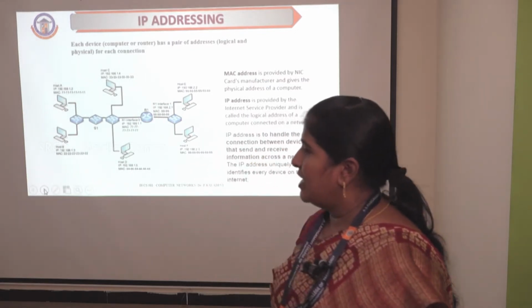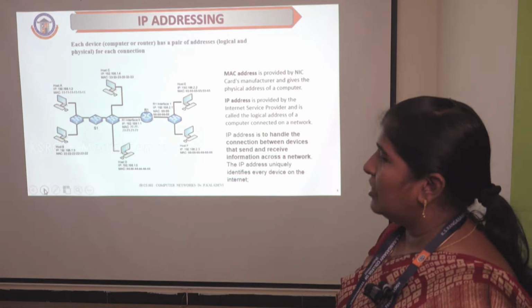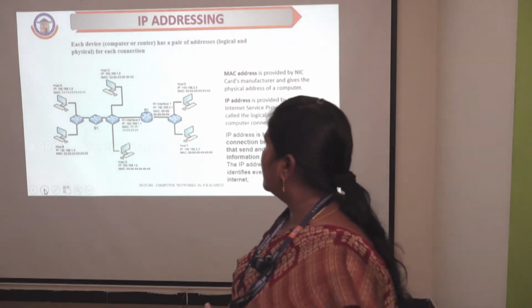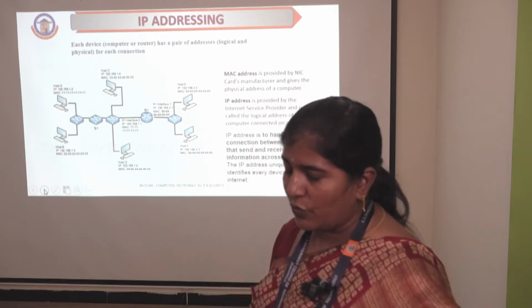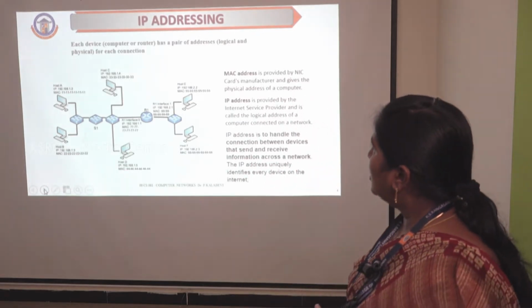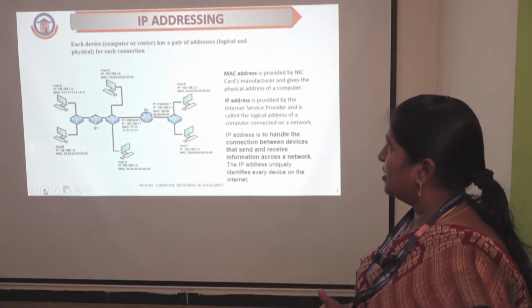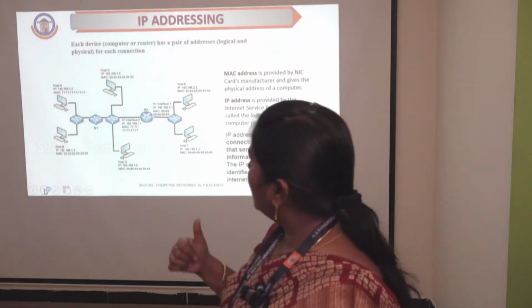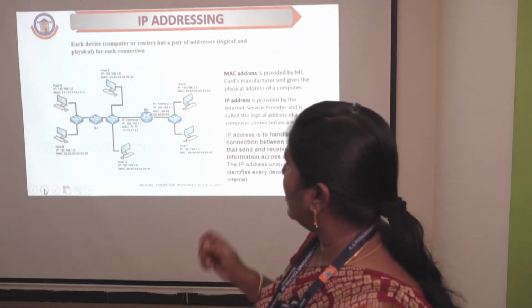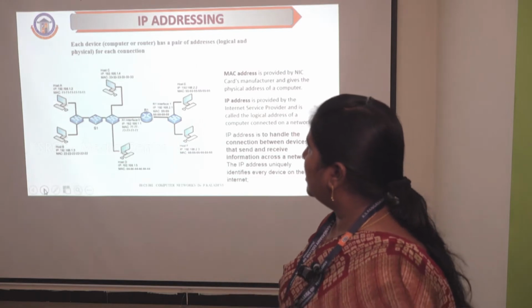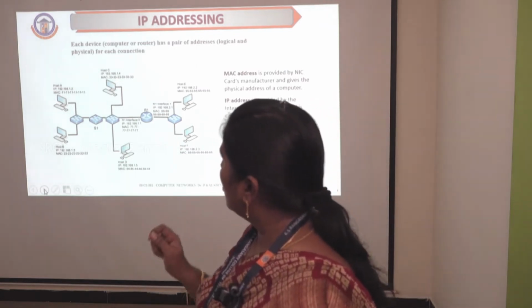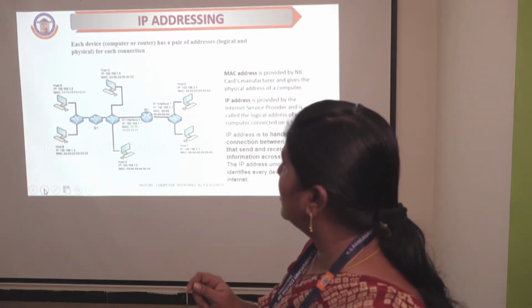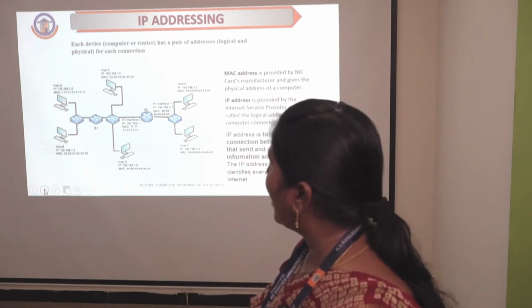Each connected device needs a pair of addresses, logical and physical, for each connection. So each device in this given network, in the intranetwork, has a MAC address and an IP address. For example, host A has an IP address and also its own MAC address.